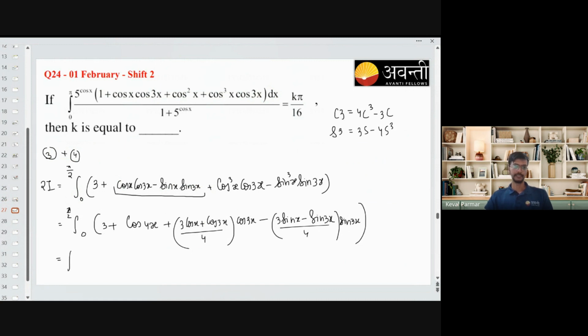So we'll get integration of 3 plus cos 4x plus, here in both of the terms we'll get LCM 4. So here we'll get 3 cos x cos 3x plus cos square 3x minus 3 sin x sin 3x plus sin square 3x.